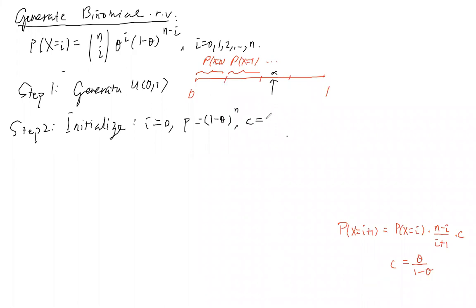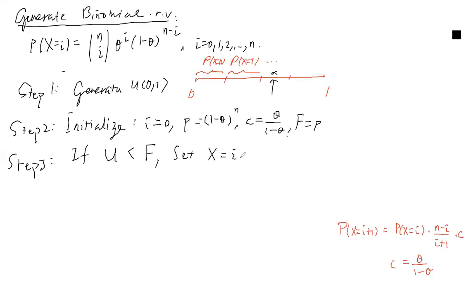So of course your C is the constant, right? And this is your cumulative probability, right? Big F equals to P, right? Again, step 3 is the same. Check if your U is less than F. You set your X equals to I, right? And then stop. Else, you go to step 4.